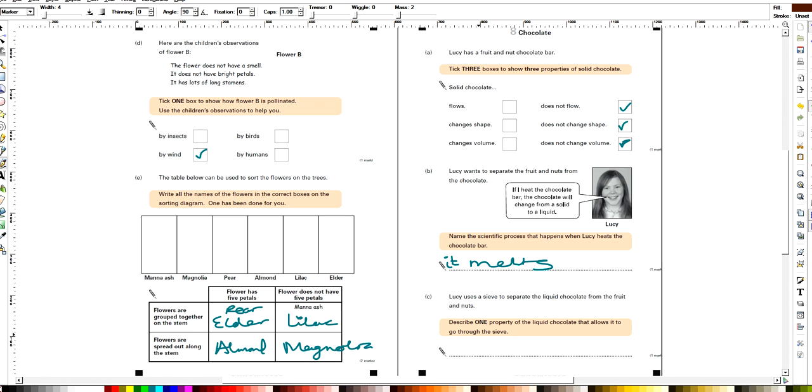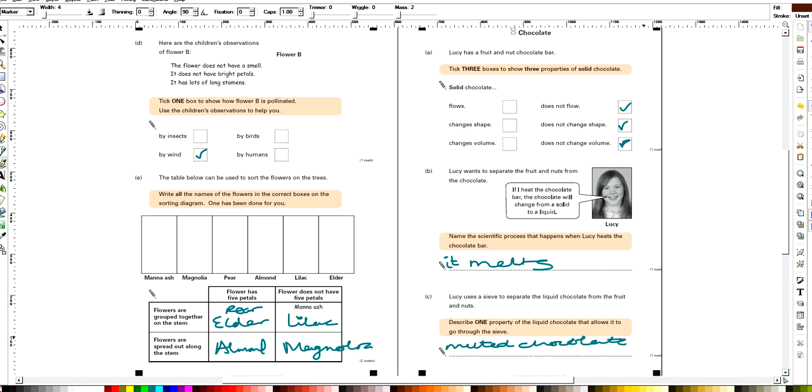Okay, next. Lucy uses a sieve to separate the liquid chocolate from the fruit and nut. Describe one property of the liquid chocolate that allows it to go through the sieve. Give me a property of it. So the melted chocolate behaves like a liquid, and liquids can easily pass through gaps.